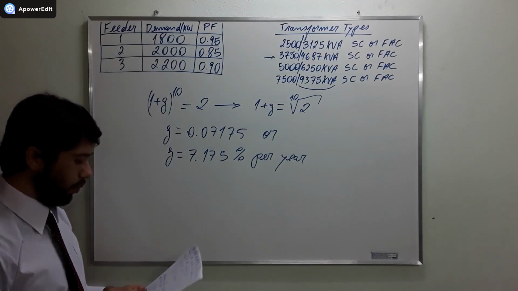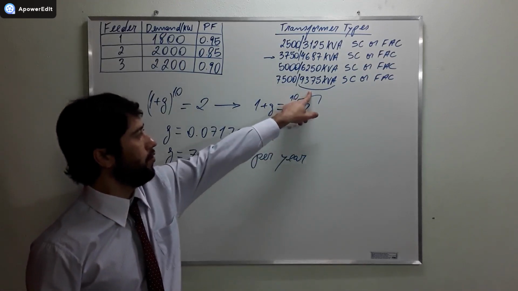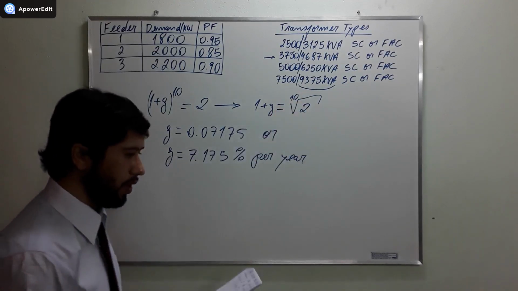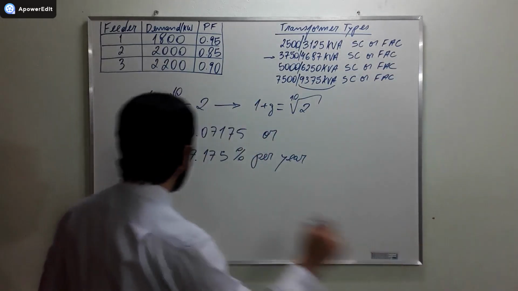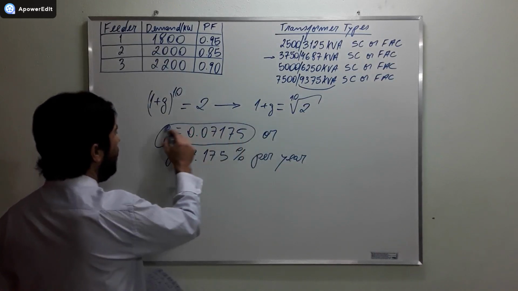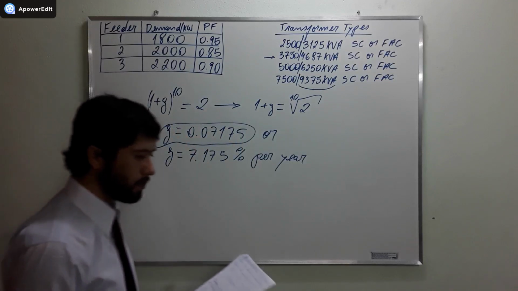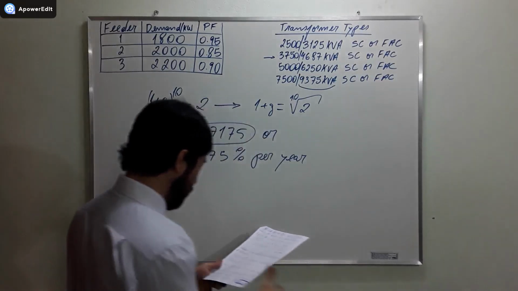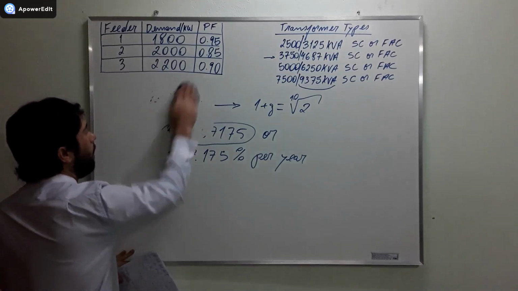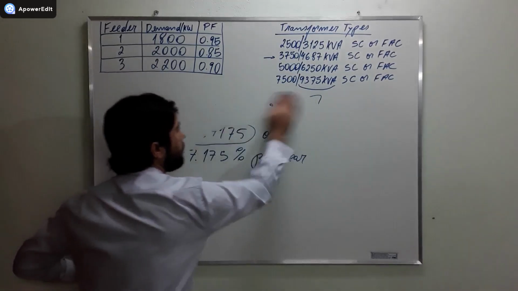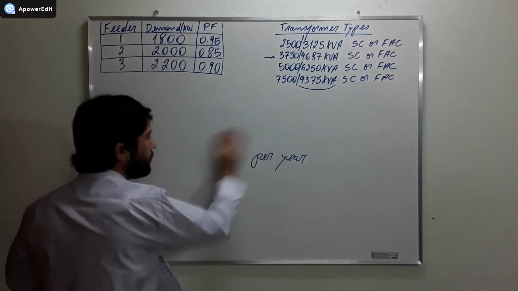Okay, therefore, if we want to calculate for this transformer here, we are going to use this value here and try to predict what's going to happen: in how many years it will be loaded to its fans on rating. All right. I think you guys are understanding everything.